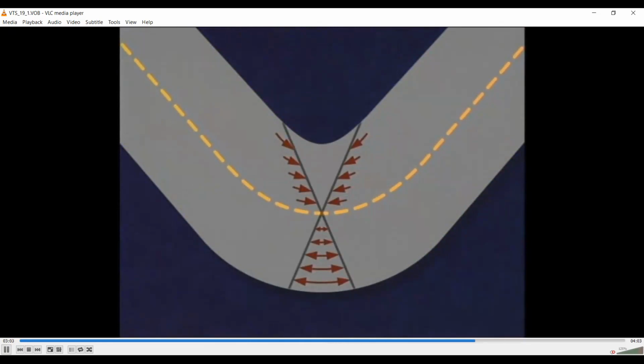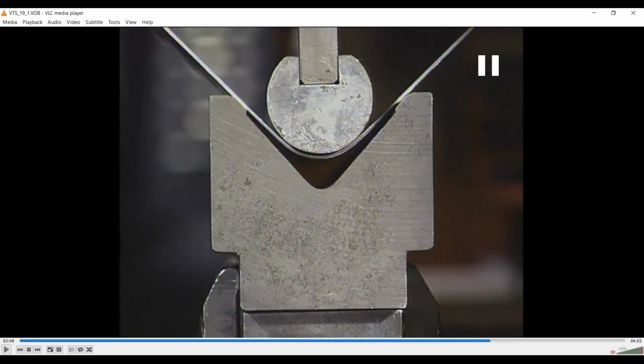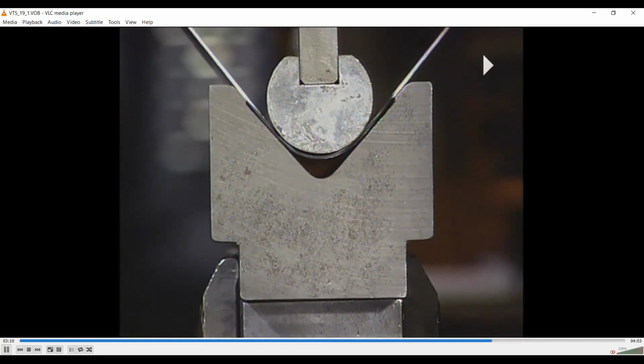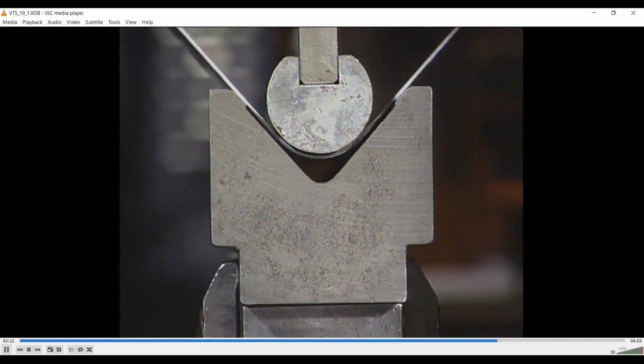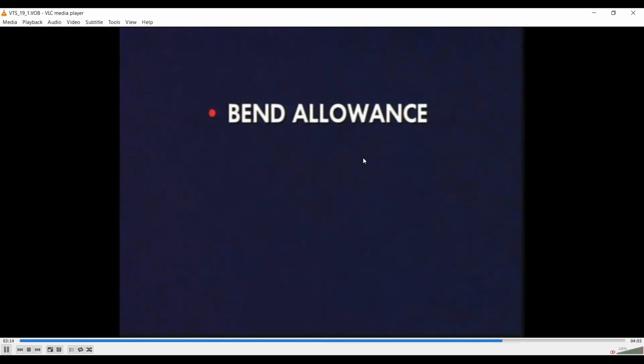Ductility of the metal is important for bending operations, especially for the larger bends. And you could see again, here is the V bending die, and this is the punch. And the bending operation has been performed.